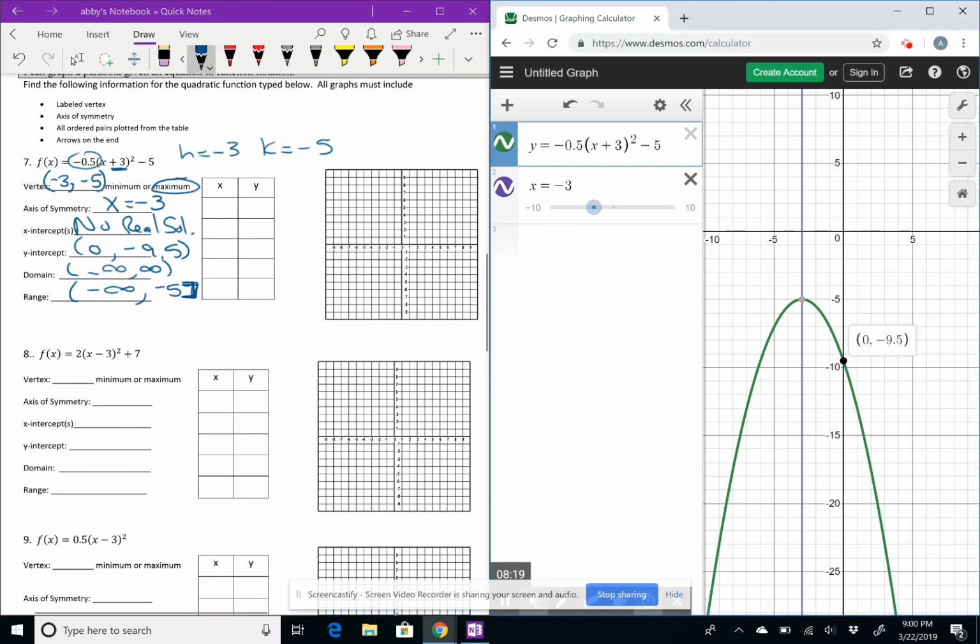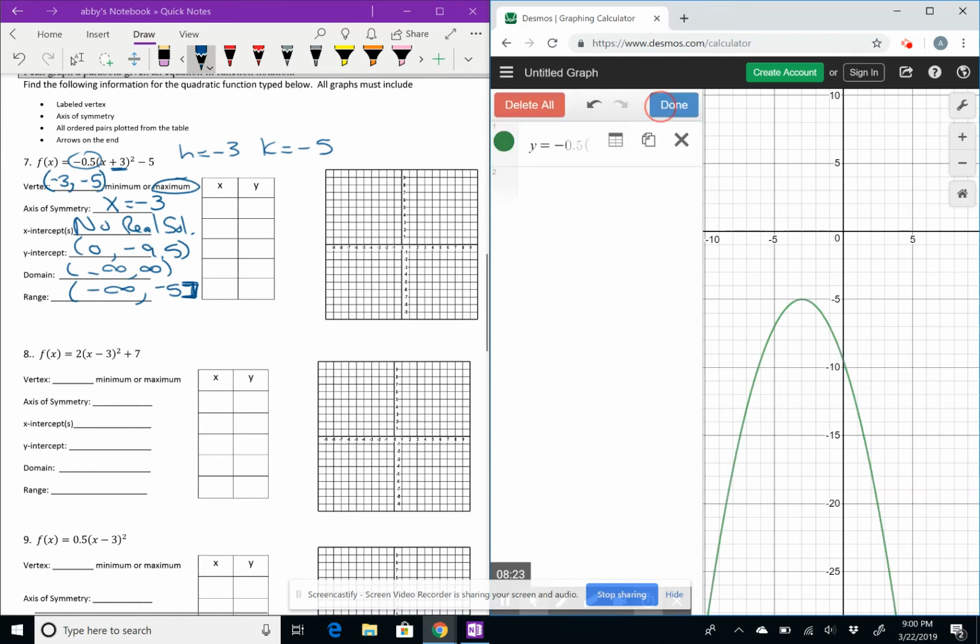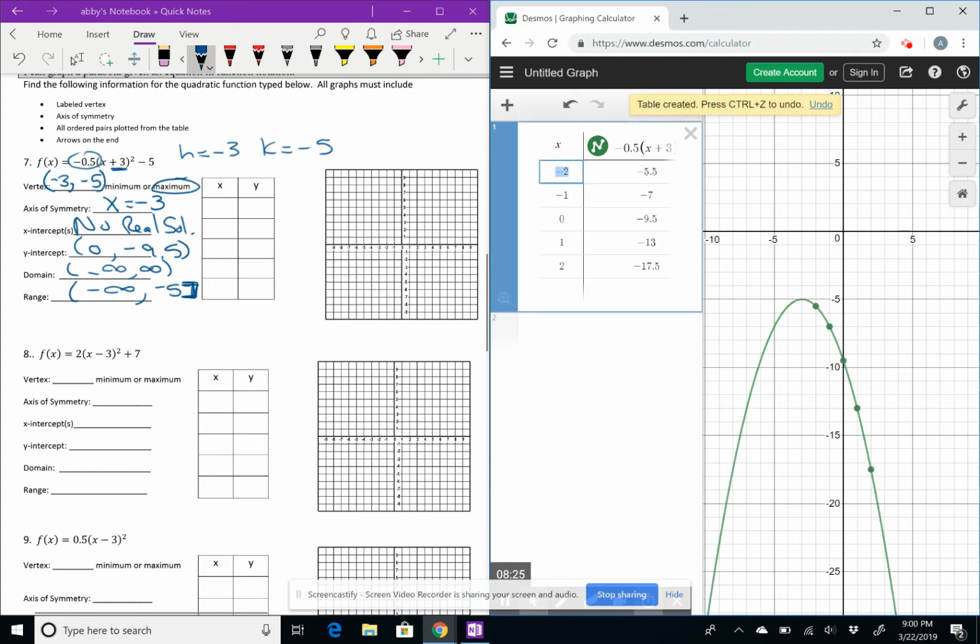Now, the hard part of the graph is the table. You want to hit this gear and then click table. This table that Desmos gives you are ordered pairs that go on the graph, but notice if you were to plot this, you would not get the full parabola.